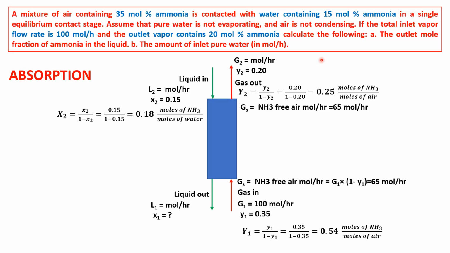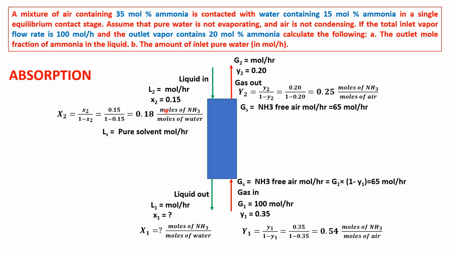Now X2, the molar ratio, moles of ammonia by moles of water, we can calculate from mole fraction 0.15. So 0.15 by 1 minus 0.15, that is 0.18. Now X1 we don't know because that is not given, we have to calculate. After getting that information, we have the equilibrium data.